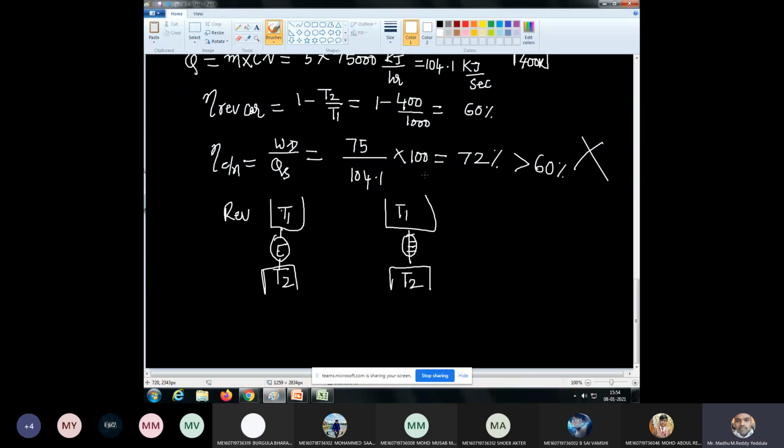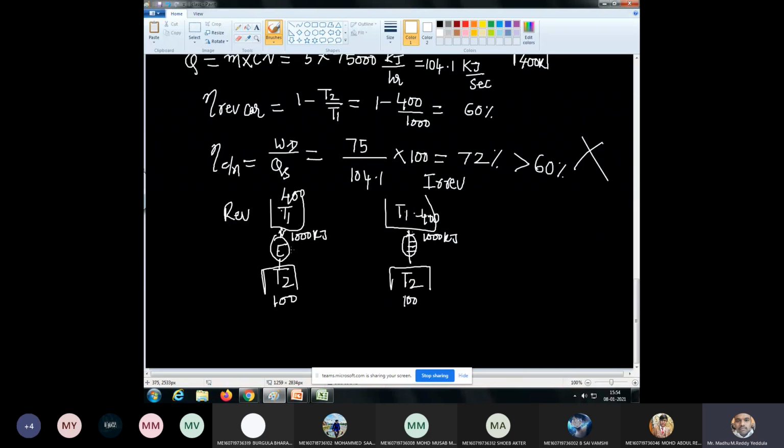So this is an irreversible engine. Let us say for both the engines I am giving 1000 kilojoules of heat. Let us assume both are at the same temperature, 400 for the source and 100 for the sink.